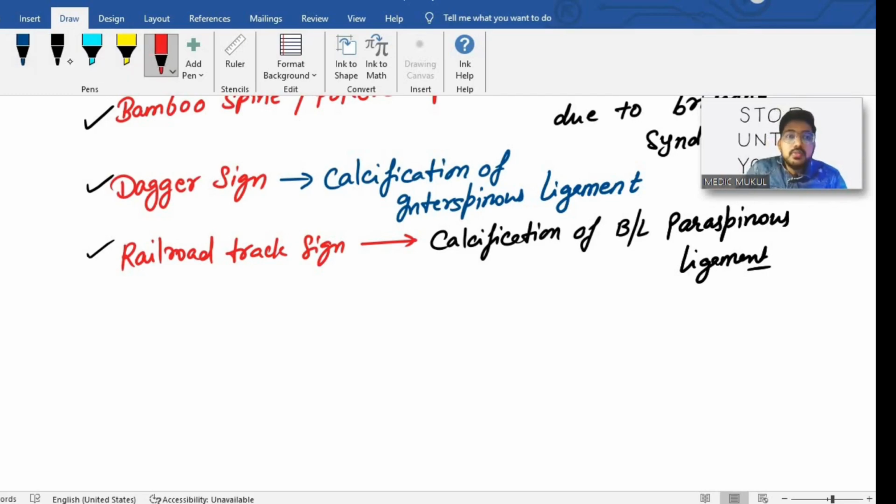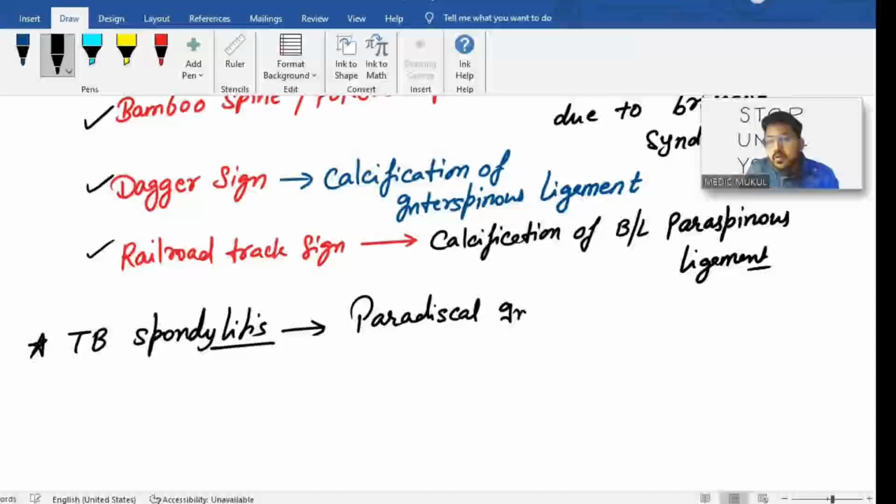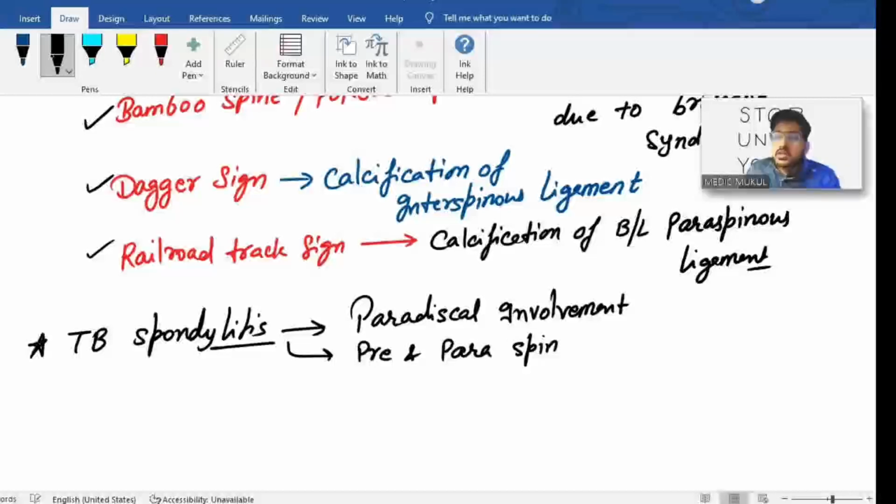Again, one more thing you can remember with TB spondylitis. TB spondylitis is a major topic, but for now, just remember that in TB spondylitis we will see paradiscal involvement, and also a pre- and paraspinal abscess, because TB is a mycobacterial infection, due to which abscess formation can be seen.